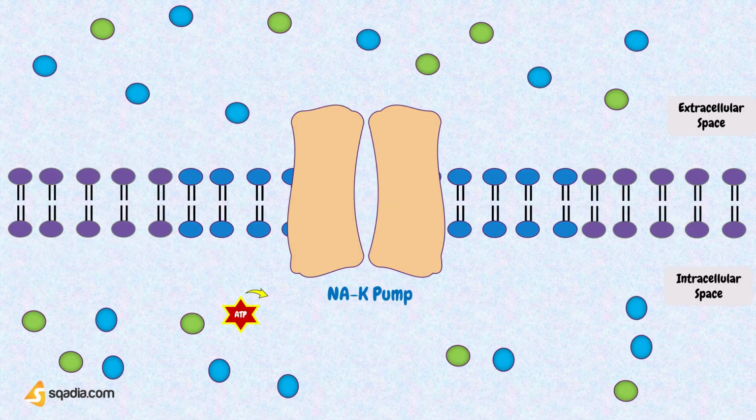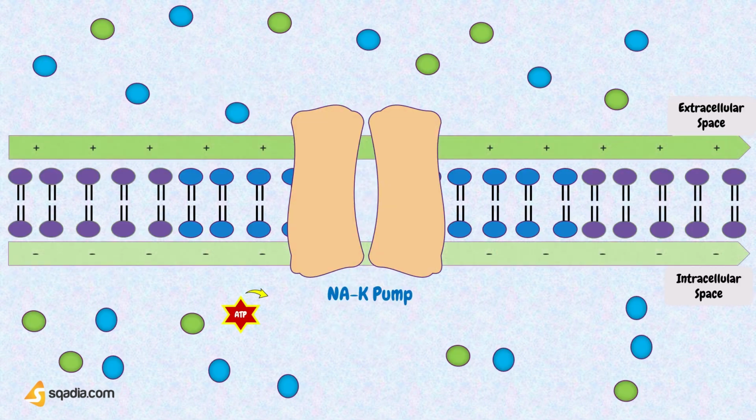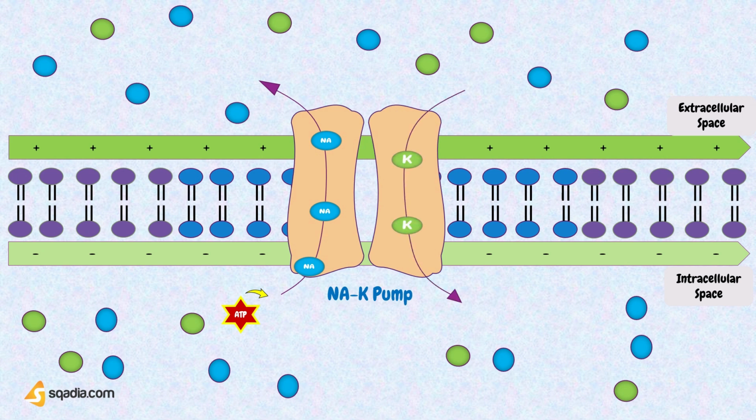The mechanism of action of the sodium-potassium pump: 3 sodium ions from the cell get attached to the receptor sites of sodium ions on the inner surface of the carrier protein. 2 potassium ions outside the cell bind to the receptor sites of potassium ions located on the outer surface of the carrier protein.